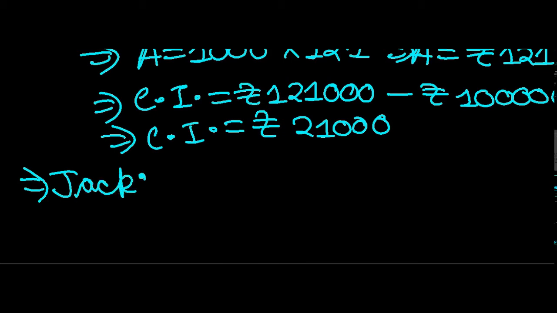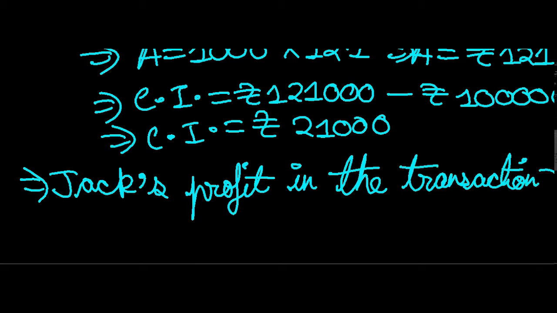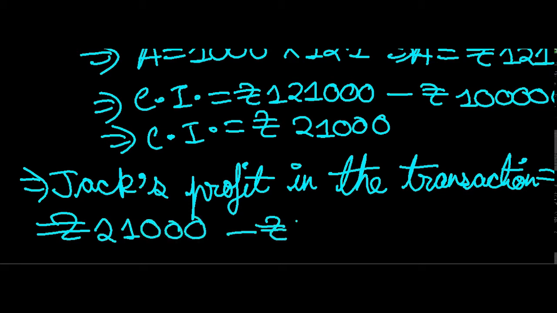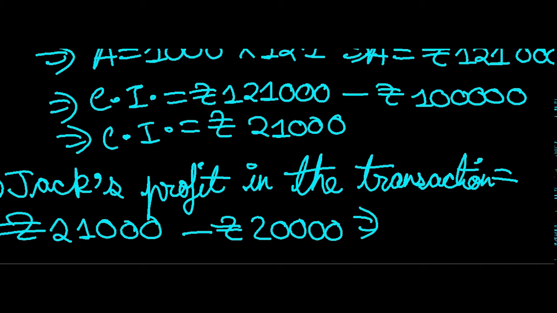So we will write Jack's profit in the transaction is equal to rupees 21,000, which is compound interest, minus rupees 20,000, which is simple interest, and it is equal to rupees 1,000.